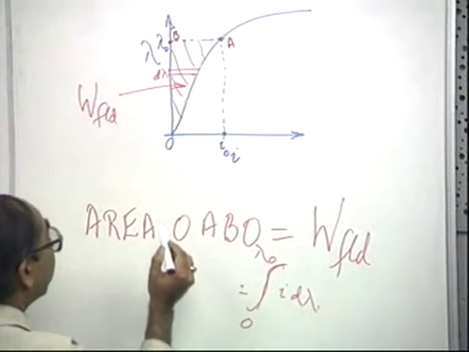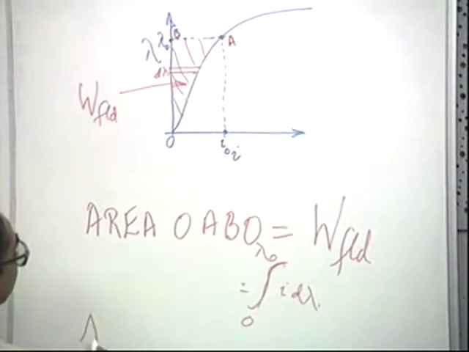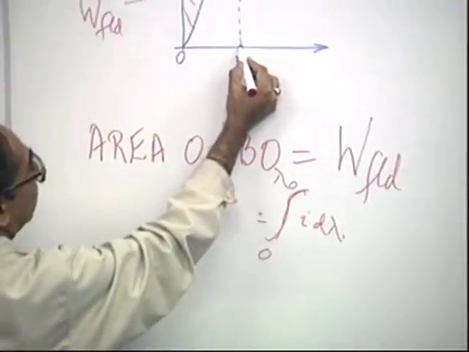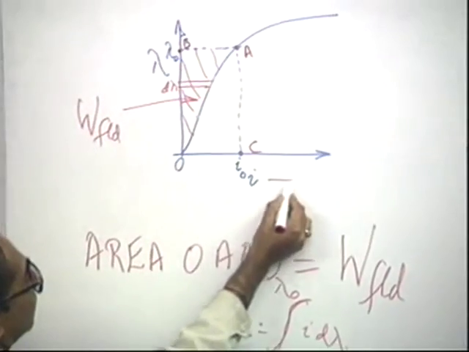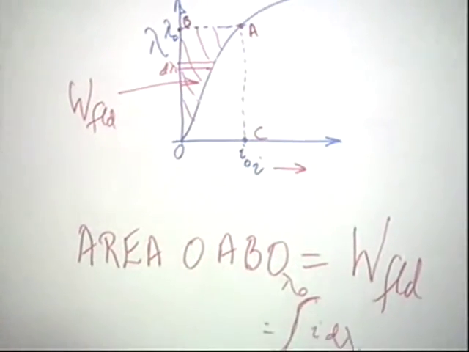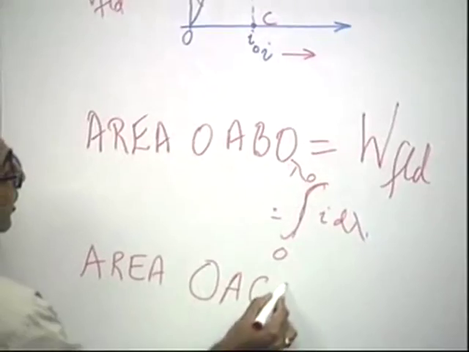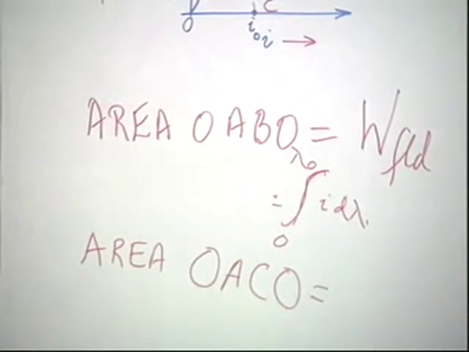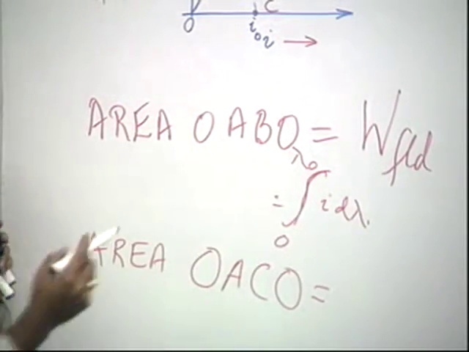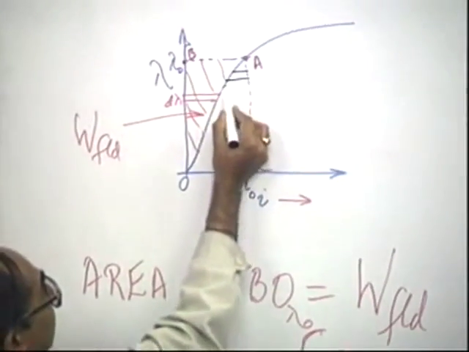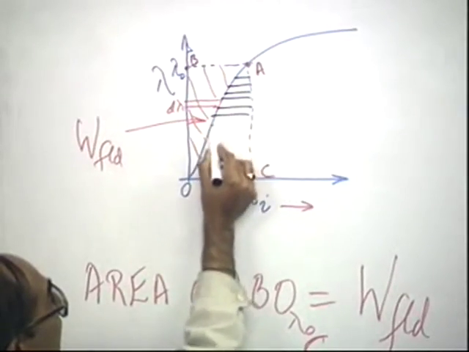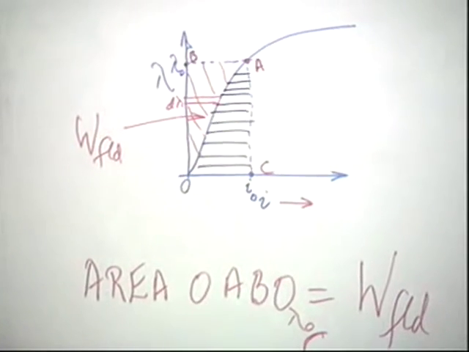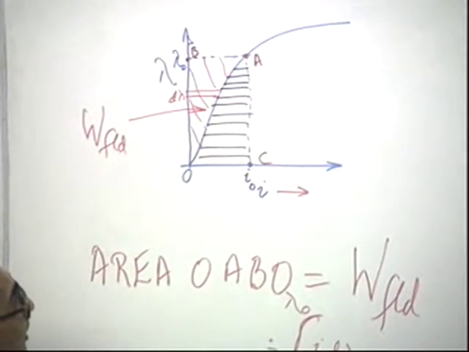Now let us look at another area, let us call this point C, so OACO. I'll hatch it like this. You are seeing another area, and this area is equal to what?